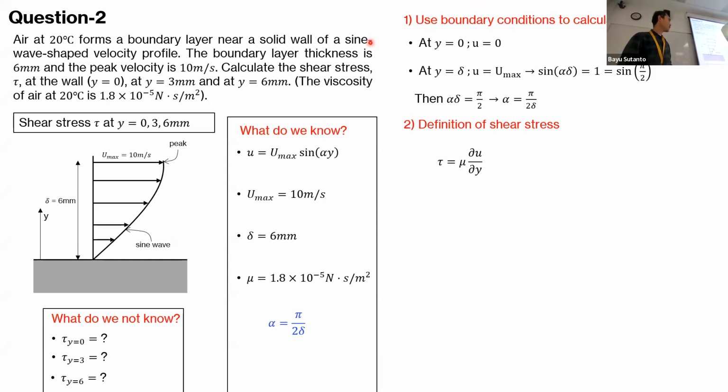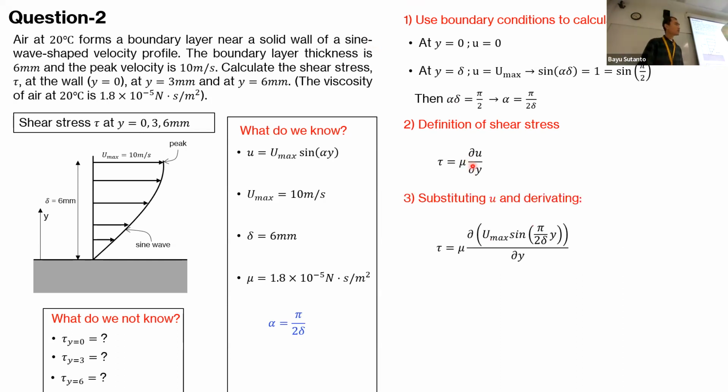And the next is the definition of shear stress, which I think is familiar from tutorial 1: tau equal to mu du over dy. So this is the viscosity multiplied by the gradient of velocity in y. And we input our function. So tau, because u is Umax sin of pi per 2 delta multiplied by y, we take the differential with respect to y.